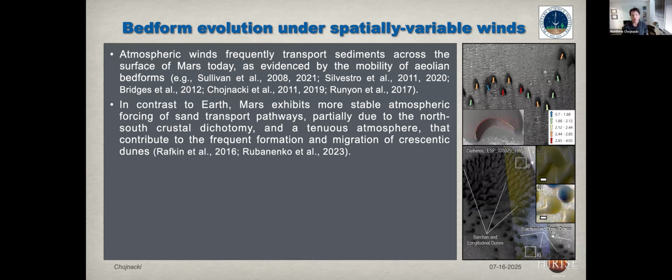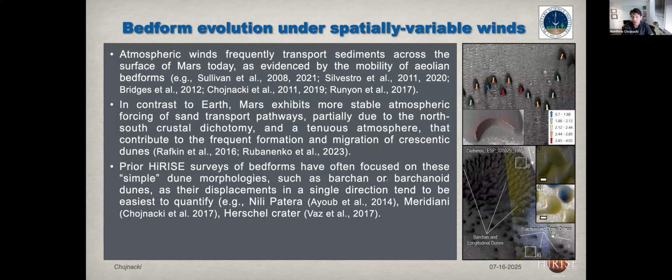But in contrast to Earth, Mars exhibits often stable atmospheric forcing of sand pathways, partially due to the north-south crustal dichotomy and its tenuous atmosphere that really contribute to the frequent formation of migration of crescentic dunes. And you can see that in this top plot with barchan dunes in Oyama crater.